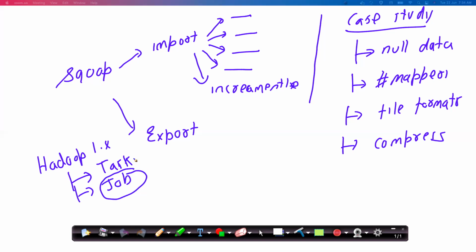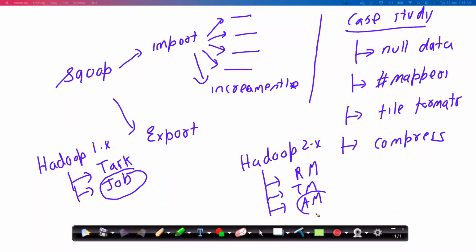Further to this, we moved to Hadoop 2.x, which was the YARN architecture. We noticed how, with the help of the resource manager, node manager, and the application master, which I told you as an analogy to think of like your class monitor, all three collectively were able to reduce the workload with a very smart logic, where the application master is responsible for a lot of activities.